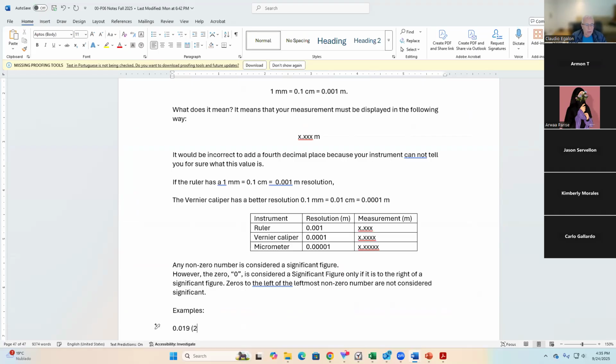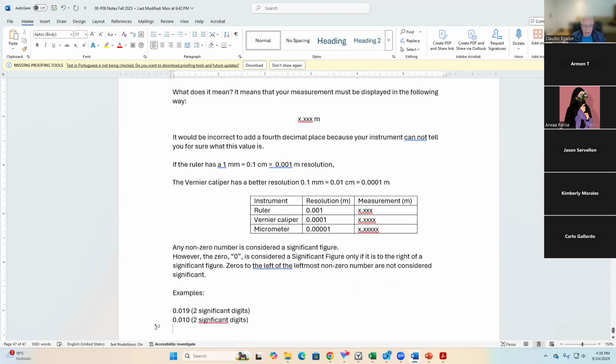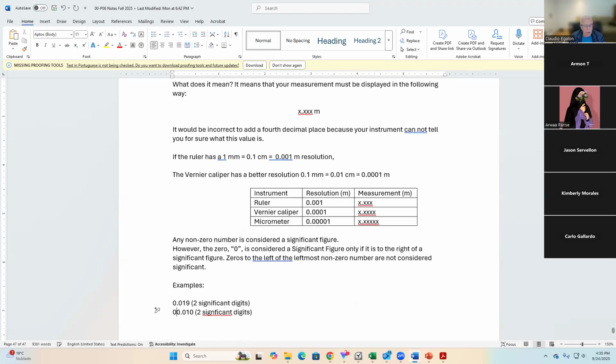0.019, 2 significant digits. 0.010, 2 significant digits. I can even put another zero here in front of it. Still going to be 2 significant digits.